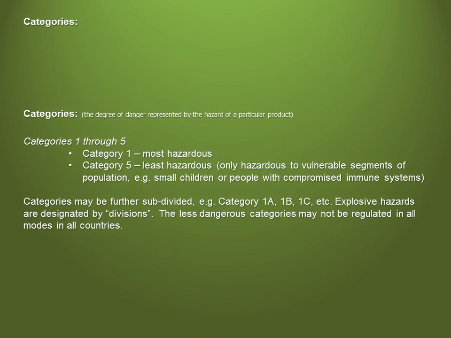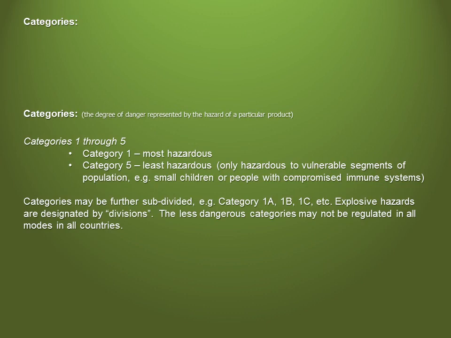Categories. The category assigned to a hazardous material reflects the degree of danger represented by the hazard of that particular product. The categories are ranked 1 through 5, with a Category 1 material being most hazardous, and a Category 5 least hazardous, which could mean it's only hazardous to a vulnerable segment of the population, for example, small children or people with compromised immune systems.